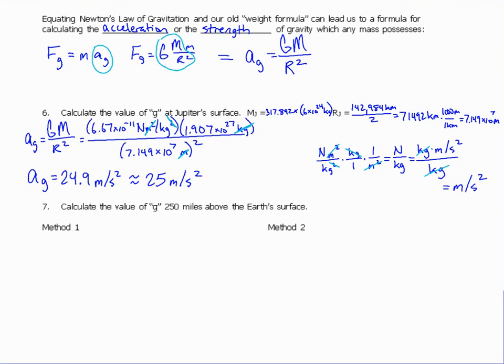Number 7, calculate the value of g 250 miles above the Earth's surface. So method 1, we're looking for g, and that is big G times the mass of the object divided by the radius squared. In this case, the object is the Earth. Here's big G, here's big M, the mass of the Earth.